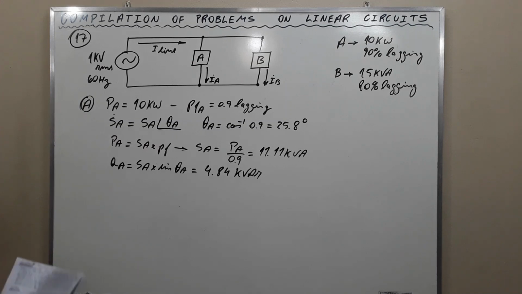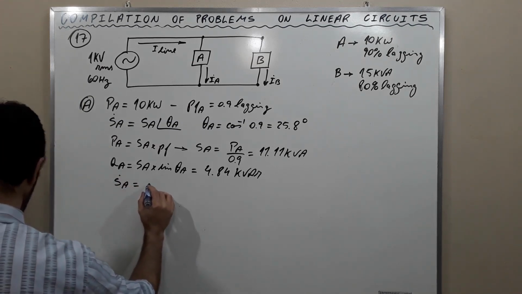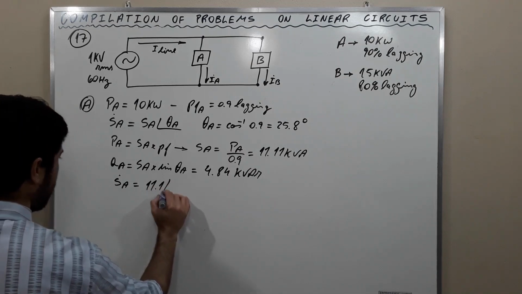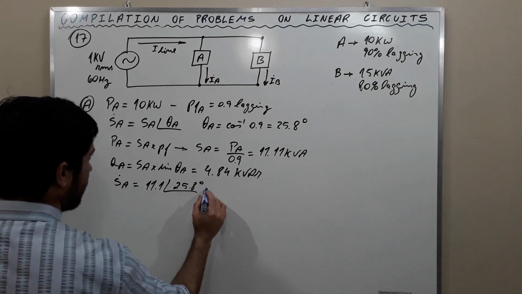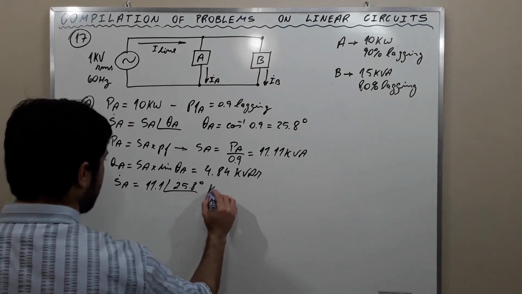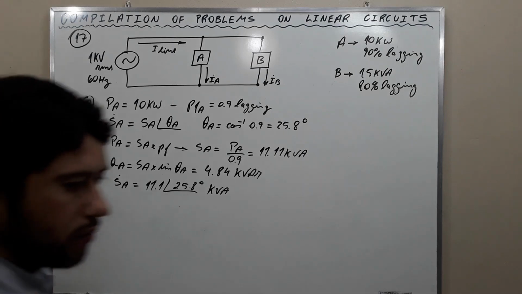And the complex power is 11.1 phase 25.8 degrees kVA. This is all for load A. Let's do the same for load B.